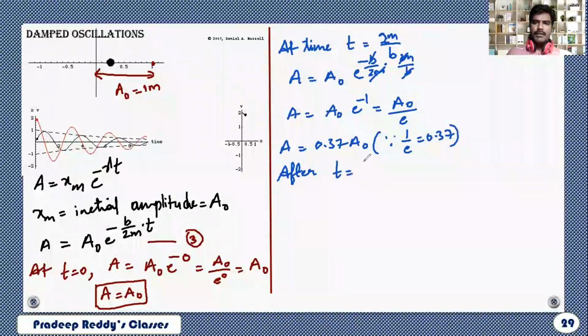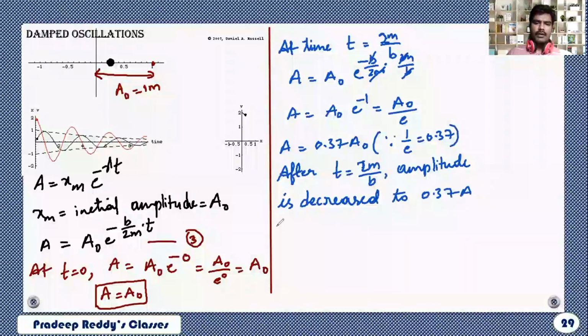So clearly after time t is equal to 2m divided by b, amplitude is decreased to 0.37 times a naught, that is 0.63 a naught is decreased, right?